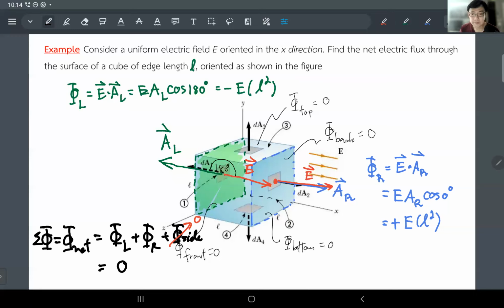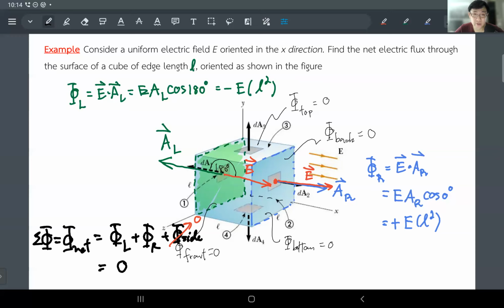Done. Okay. Very good, 0. And you can start to see why this is 0. When it's 0, it means the net amount of flux is none.